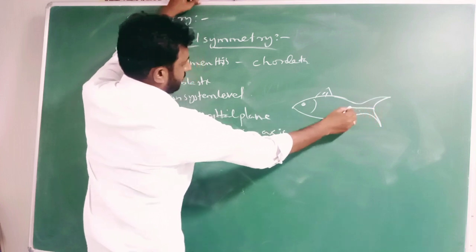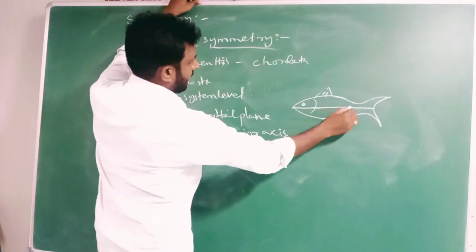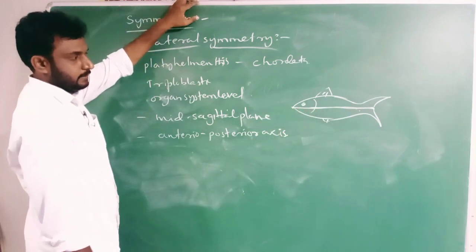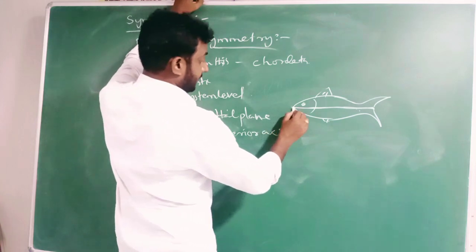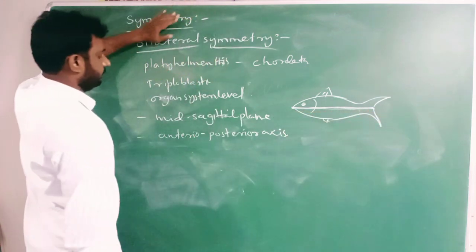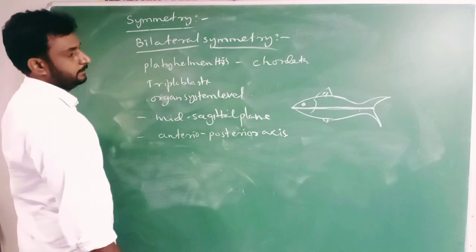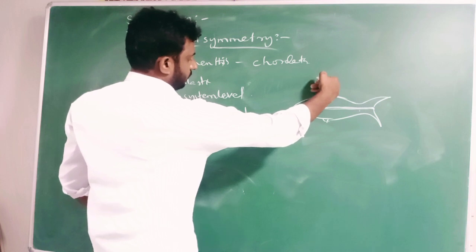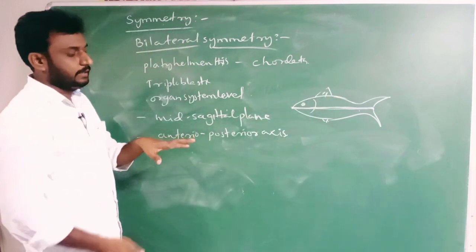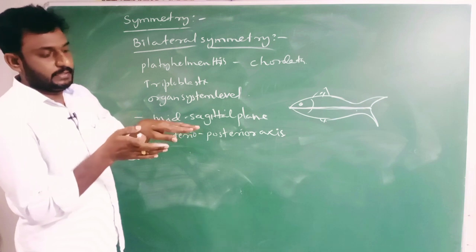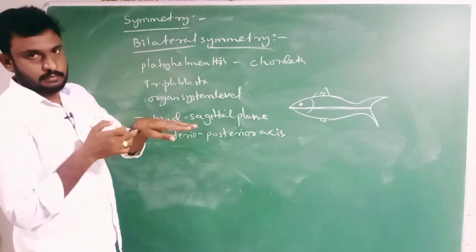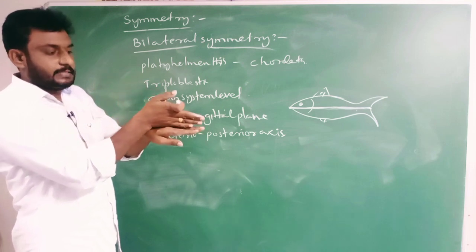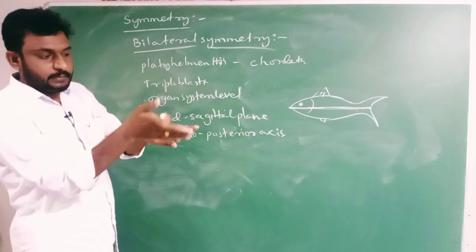The line which connects the anterior side with the posterior side is called the anterior-posterior axis, and the plane is the mid-sagittal plane. If we cut the fish through the mid-sagittal plane, in the middle center, it can be cut into two identical halves.